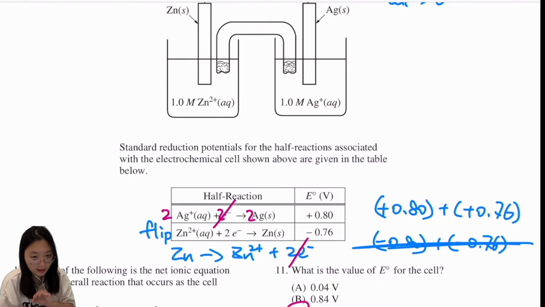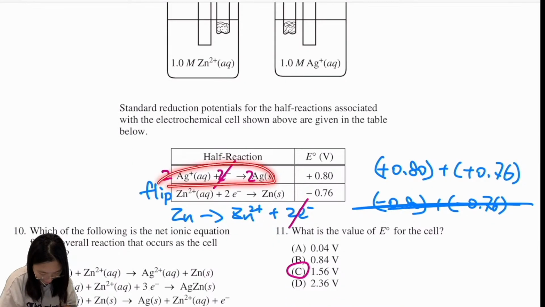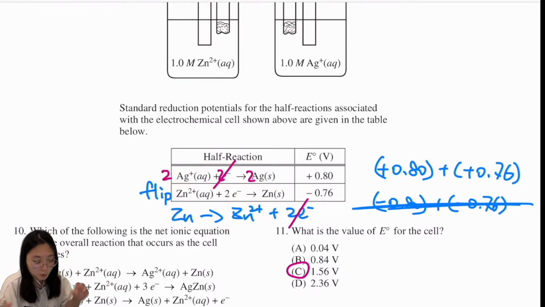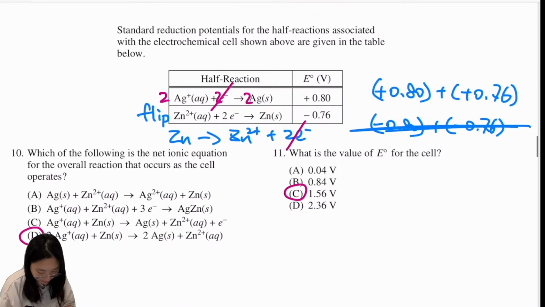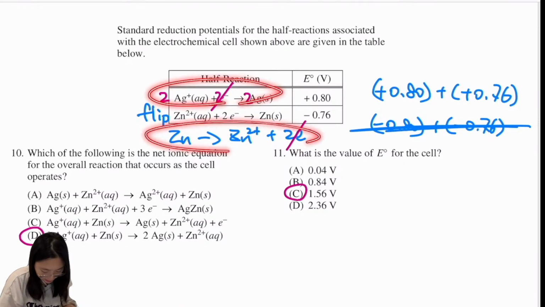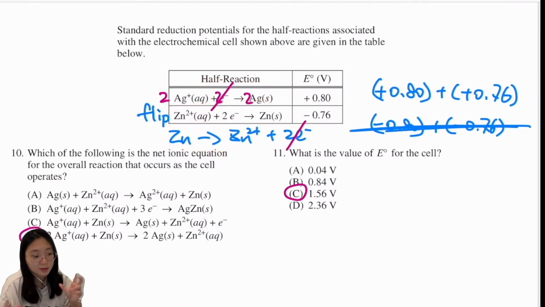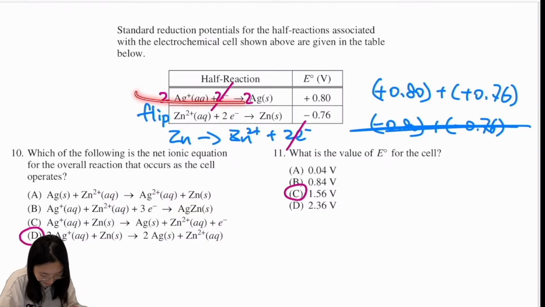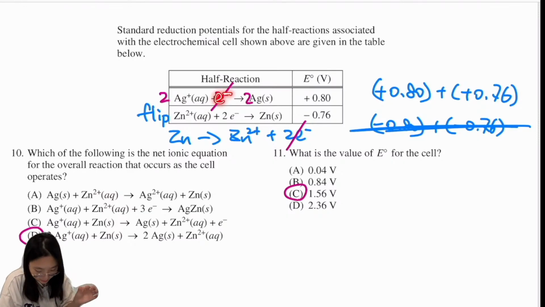When you flip the second half reaction, it's zinc releasing 2 electrons, and then it forms the zinc cation. And now you will have to combine the two half reactions to write the overall chemical equation. But when you're combining them, you have to consider the number of electrons. The number of electrons on the reactant side and product side need to match. So for this half reaction, now I have only 1 electron on the reactant side, and 2 electrons on the product side.